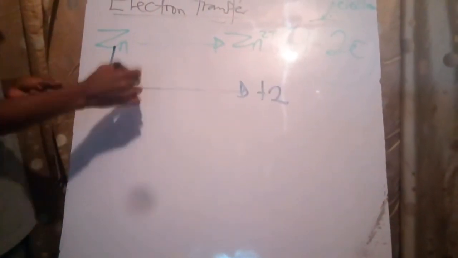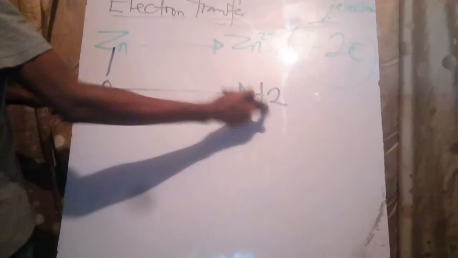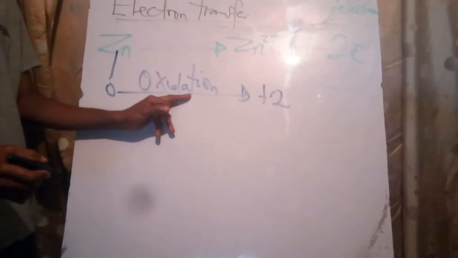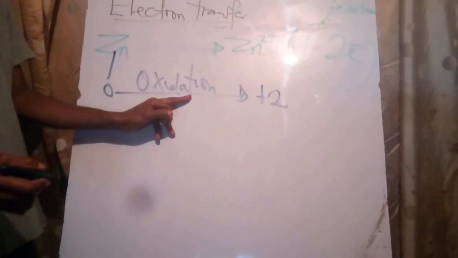From 0 to +2, the oxidation number of zinc has increased. Remember, we call that increase oxidation. What is the cause of this oxidation? Loss of what? Electron by zinc. Okay?